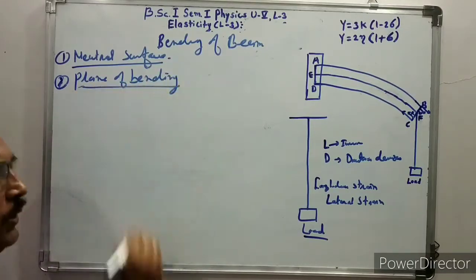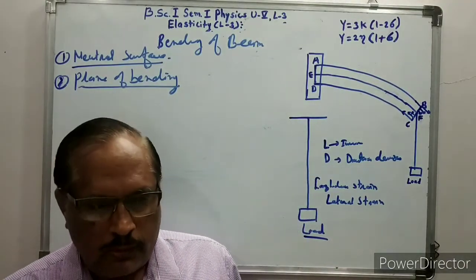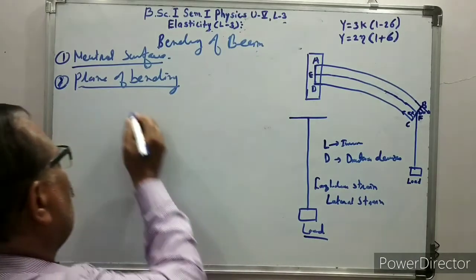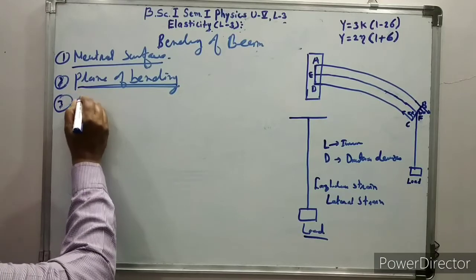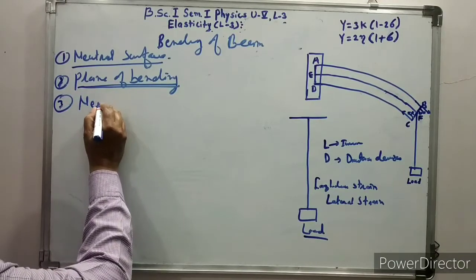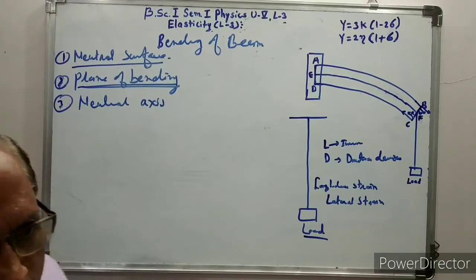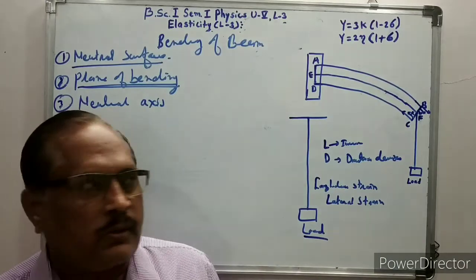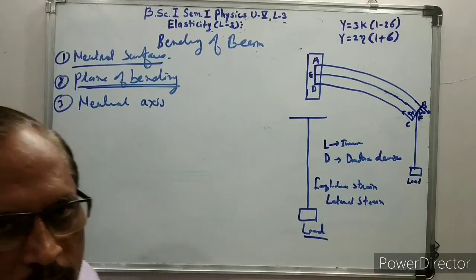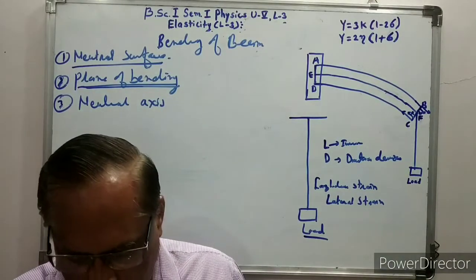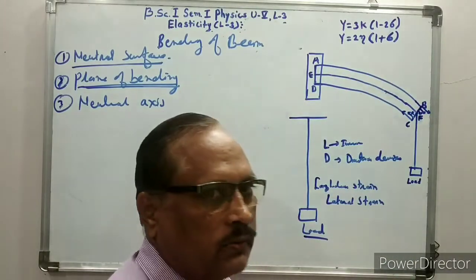Let us see what is plane of bending. The plane in which the beam bends is called the plane of bending. And the third one is neutral axis. The line of intersection of the plane of bending and the neutral surface is called the neutral axis. In this diagram, EF is the neutral axis.